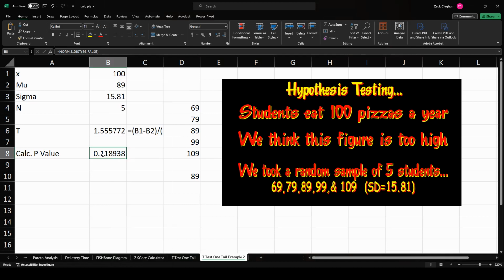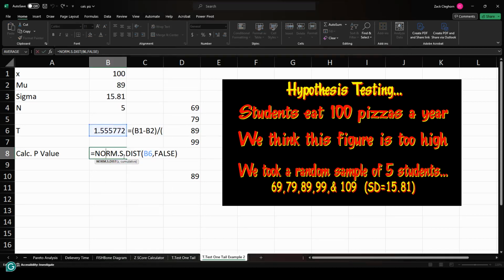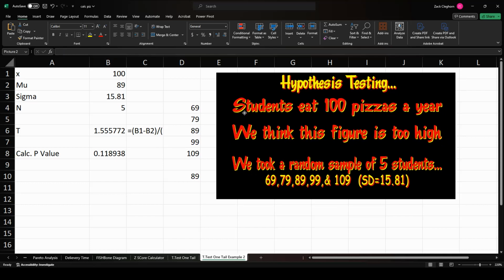And then the calculated p-value. Well, what do you guys think? Is it higher than 5%?